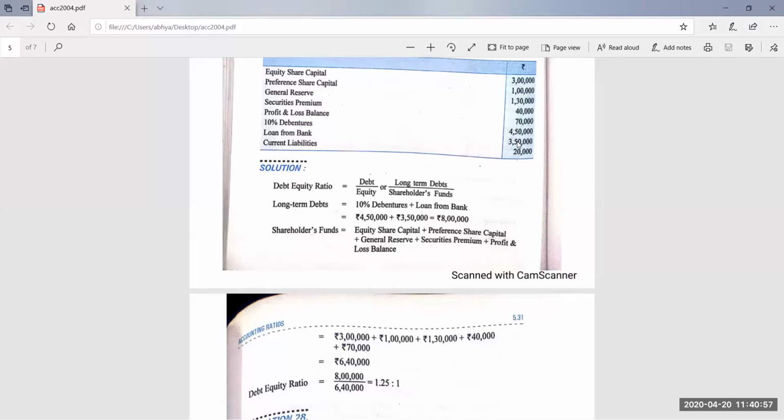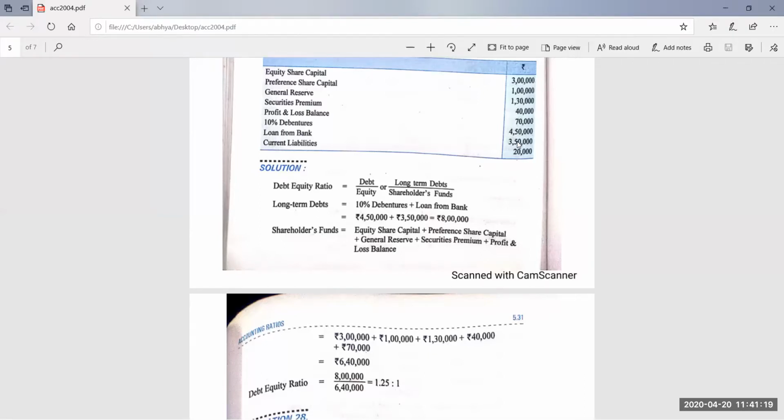So long-term debts, 8 lakh, shareholder funds, 640. Some more students have given me answer, but I think they have done some calculation mistake. So just check your calculations, and this mistake may be due to doing it fast as we are on net. So that's why I'm not giving you much time to solve the question.